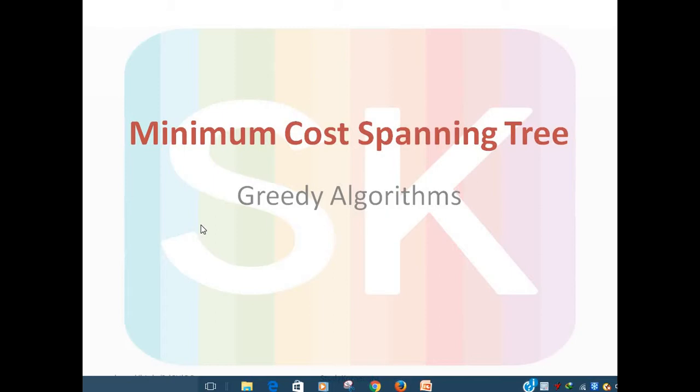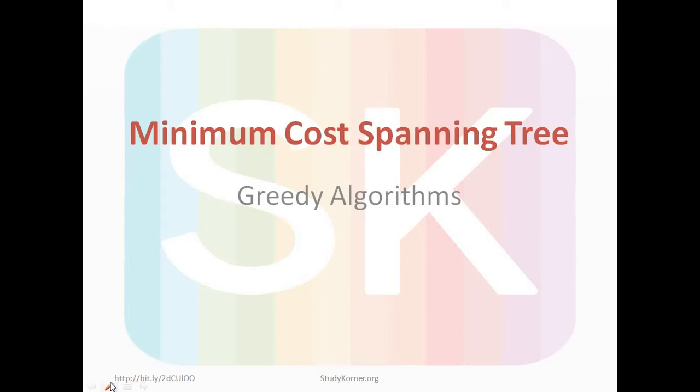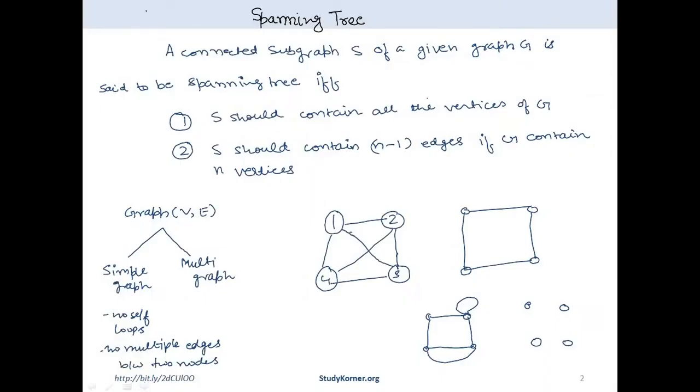Before understanding the concept of minimum cost spanning tree, let me give you some idea about what a spanning tree actually is. If I have a connected subgraph S of a given graph G, this subgraph S is said to be a spanning tree if and only if S contains all the vertices.